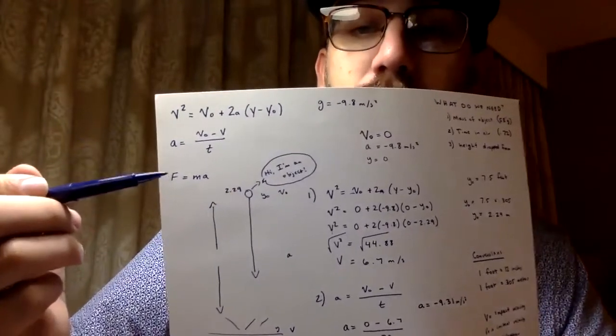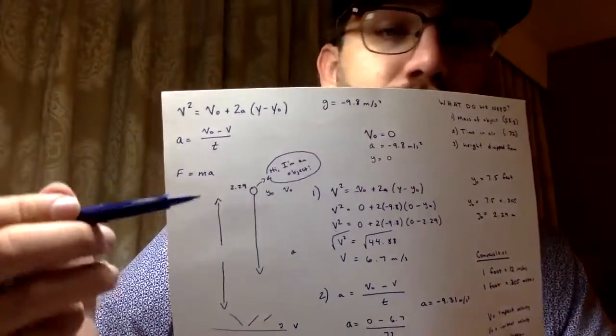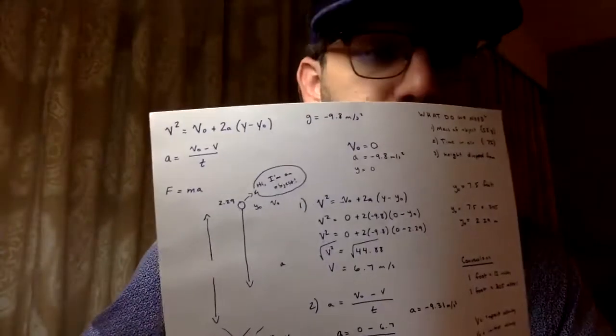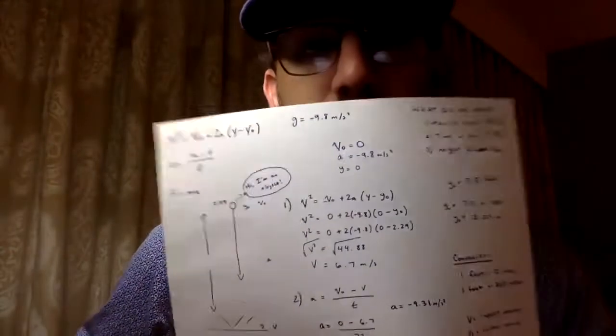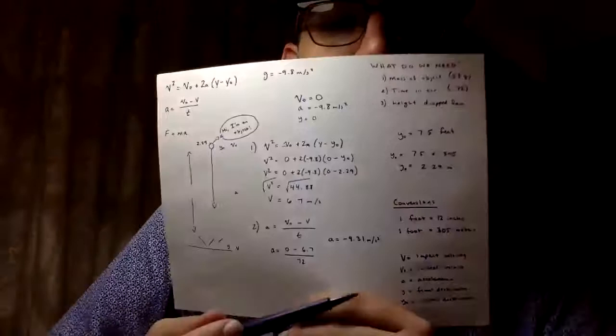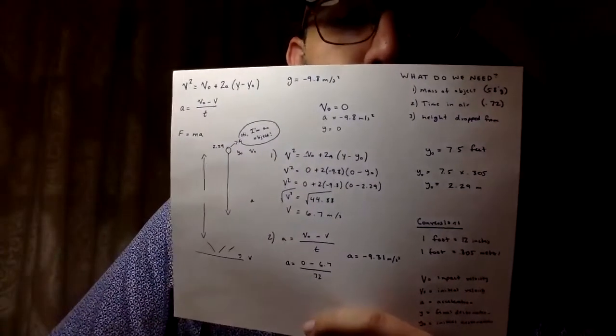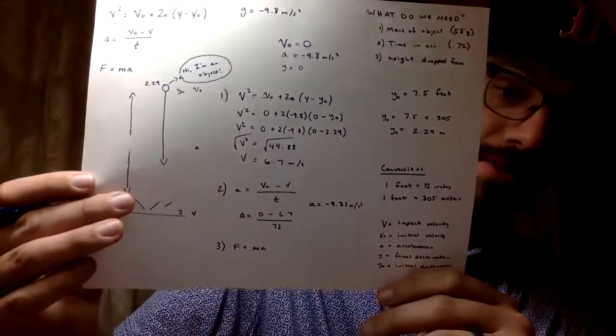Okay, so force is equal to mass times acceleration. Okay, so we know our mass, which is 58 grams, and we know our acceleration, which we just calculated here at negative 9.31 meters per second squared. So all we got to do now is plug it in. Put my equation right here. Force is equal to mass times acceleration.